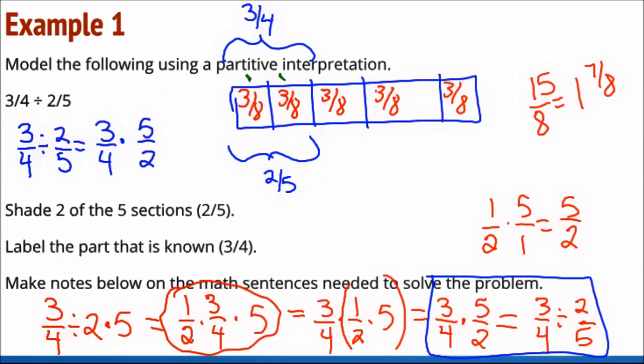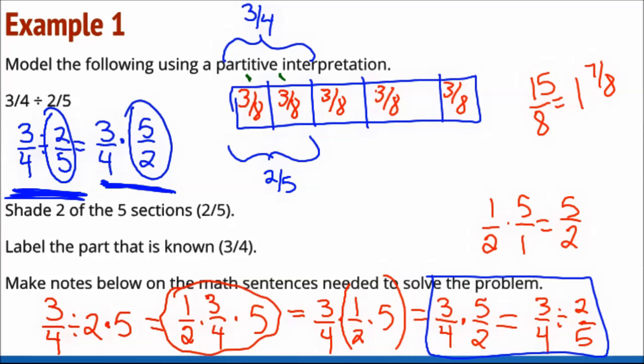Here we have reciprocals of each other, the 2/5 and the 5 halves. This was a division problem, 3/4 divided by 2/5, and I multiplied by the multiplicative inverse.